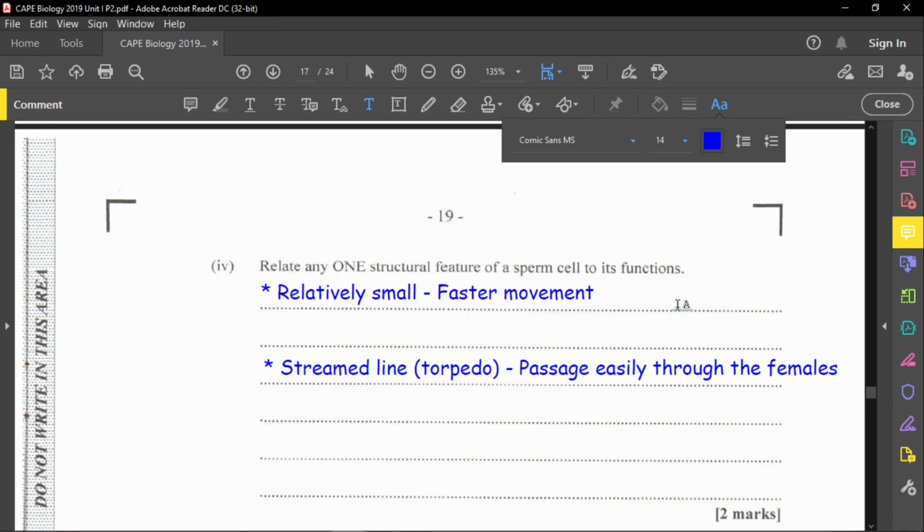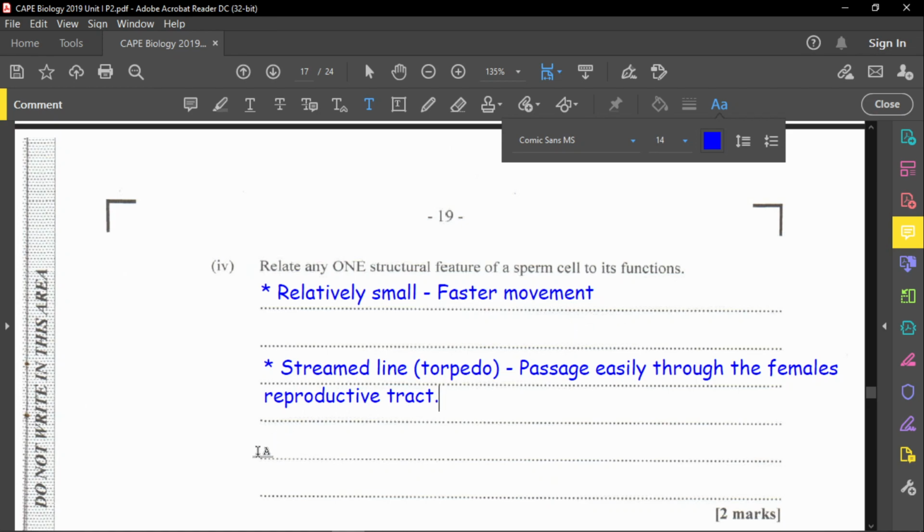Not just the female, because it goes through the sperm duct as well and through the urethra, but I just want to mention it in terms of the female reproductive tract. Again, it is for movement generally through any duct, the sperm duct, the urethra, and the female reproductive tract. So passage easily through the female reproductive tract. Very important to note that.